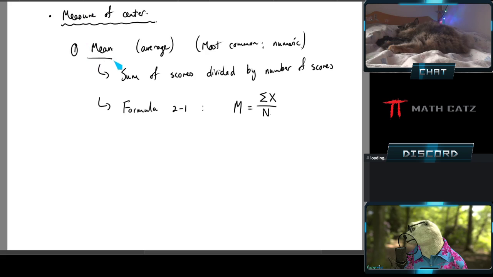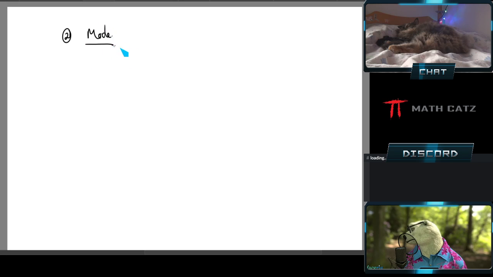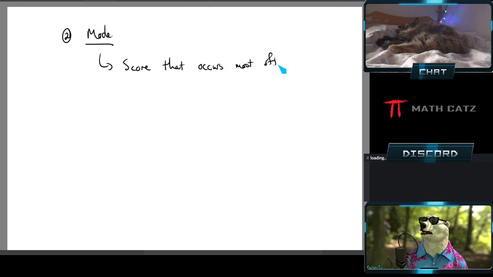Did not. It is very simple. It is the score that occurs most often. So I could just look in my frequency table and find which score occurs most often.